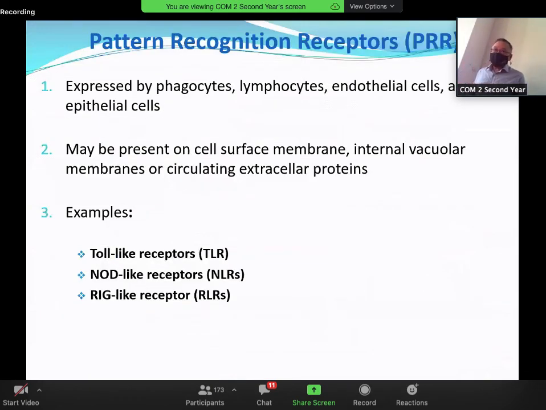The receptors that recognize these PAMPs are called pattern recognition receptors. And there's three main classes, which are called toll-like receptors, NOD-like receptors, and RIG-like receptors. The toll-like receptors were one of the first to be discovered, and they were discovered by three independent groups. One group that was looking at the immune system in mice, another group that was working on plants, and another group that was working on worms.